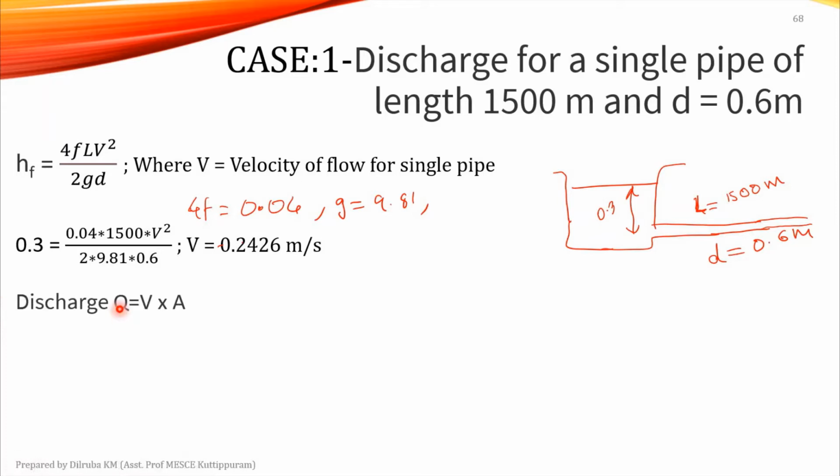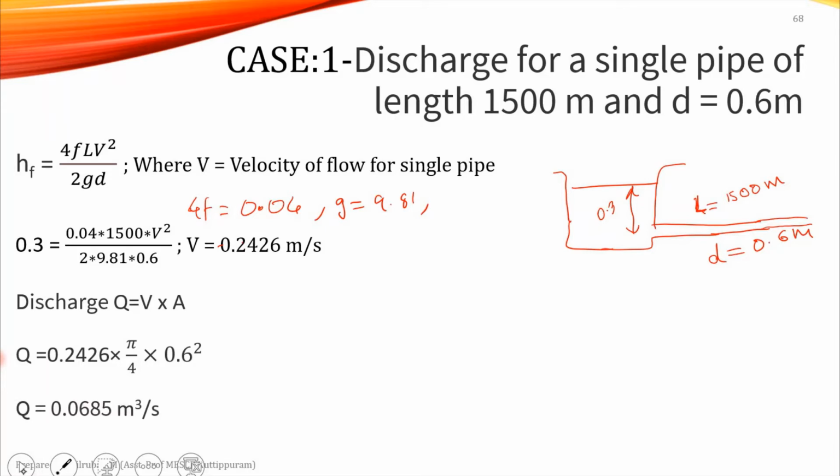Q is equal to area into velocity, and we know the value of velocity. In order to calculate the value of area, we can use the equation pi by 4 into d square. So by substituting all these values, you will get the discharge.